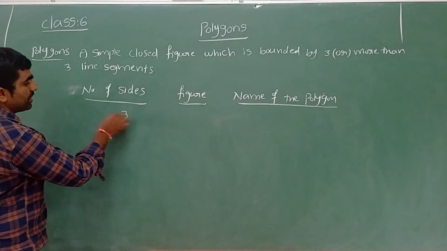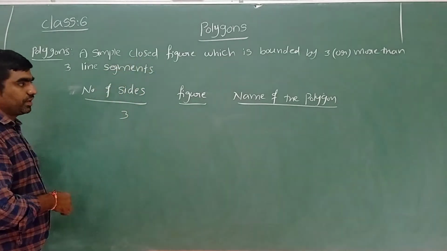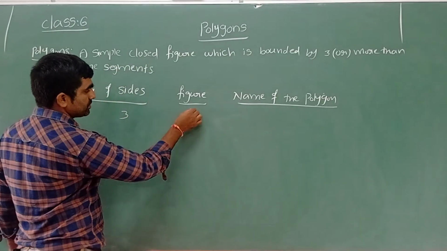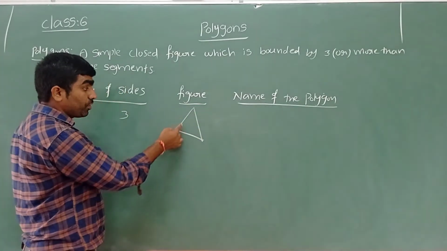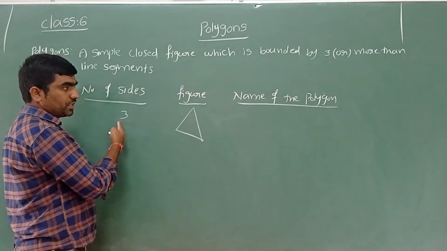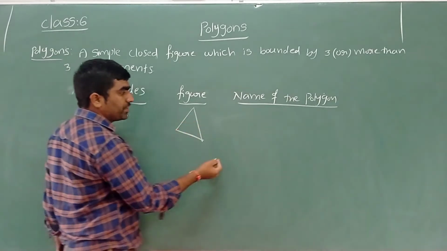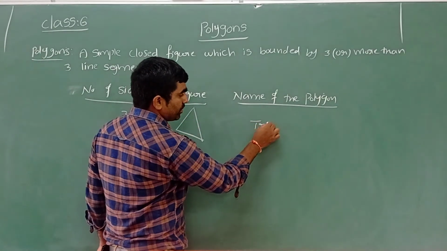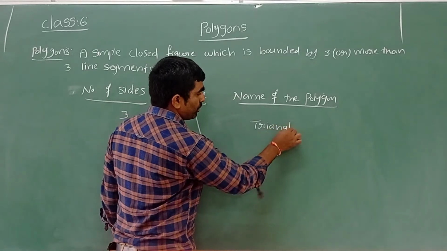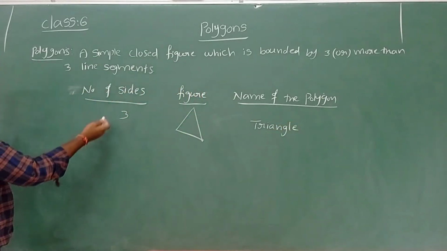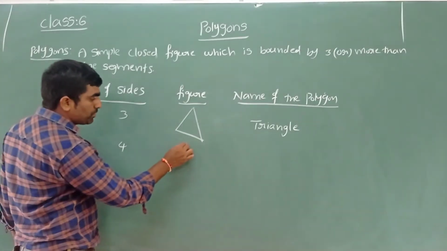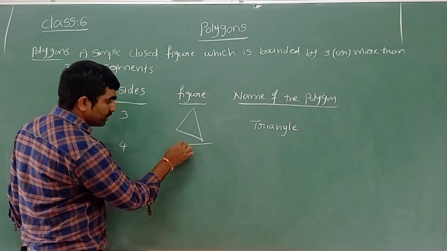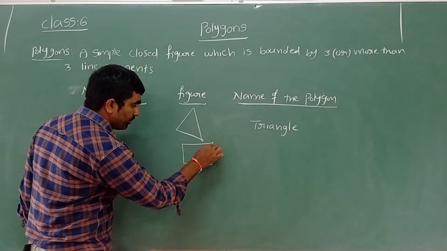See, a minimum of three sides is required to get a closed figure. The figure will be like this. It is a polygon bounded by three line segments. If a polygon is bounded by three line segments, what do we call it? We call it a triangle. If a polygon is bounded by four sides, see here, 1, 2, 3, 4.